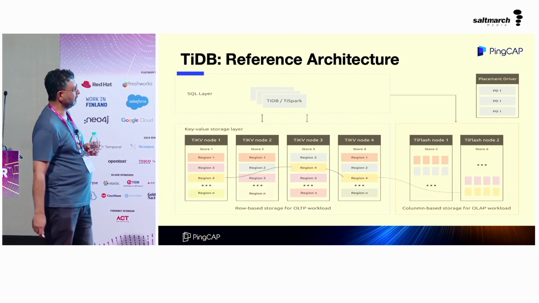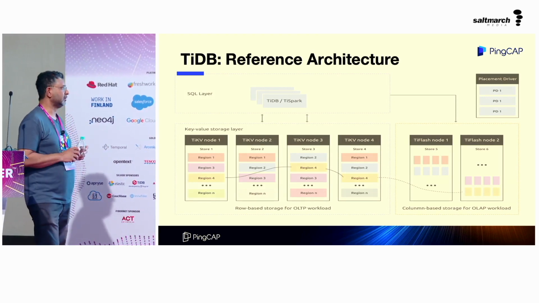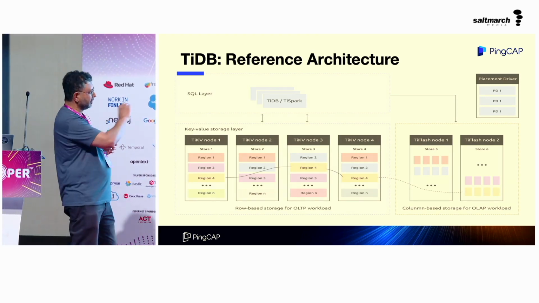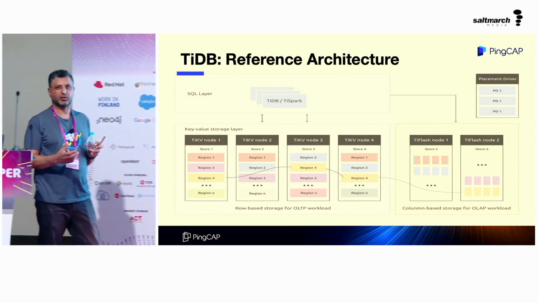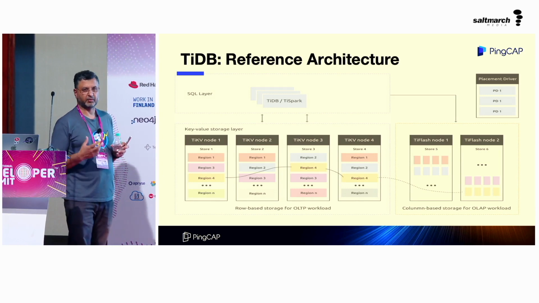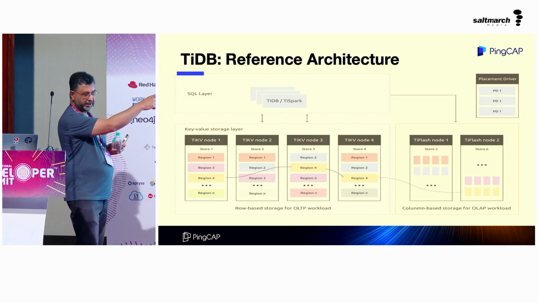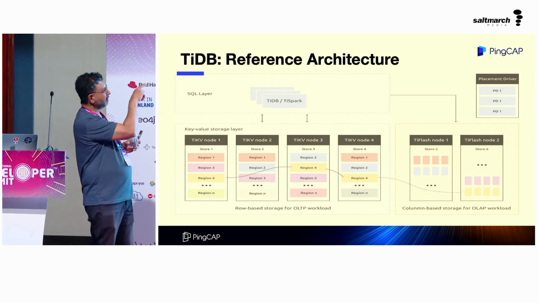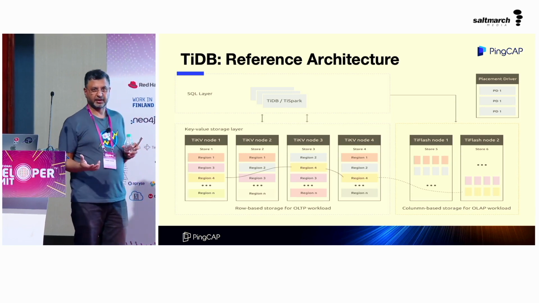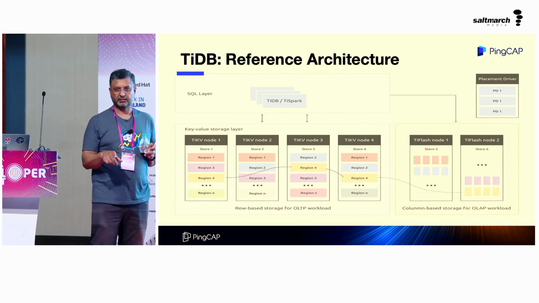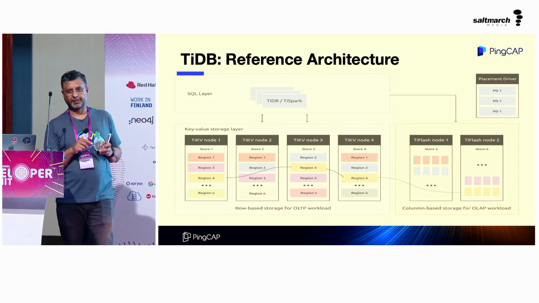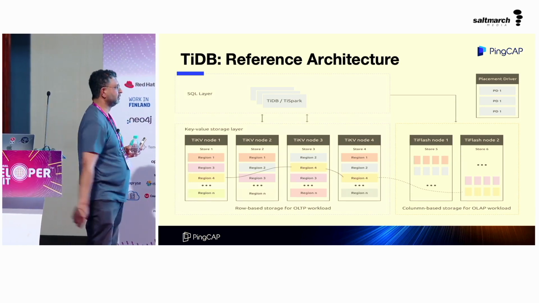So now let's switch to PD. PD is the brains of the whole thing. Once the data is spread out, the TiDB SQL server has to locate that data somehow. How does it do it? It talks to PD. Now PD and TiDB are stateless. So where is that data stored? PD runs a separate etcd cluster storing the metadata. So it's completely separate from this cluster.